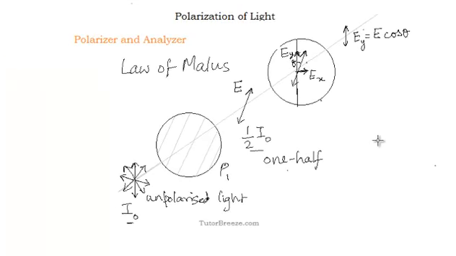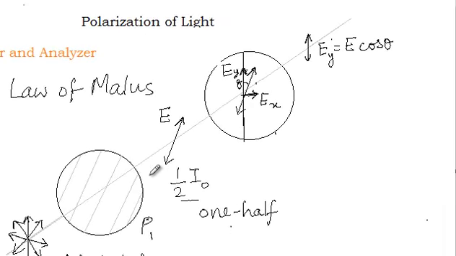Now let's find the intensity of this transmitted light. See over here, say we call the intensity of this incident light I1, which is equal to half I0, and we want to find out what is I2. The intensity of light is proportional to the square of the magnitude of the electric field.